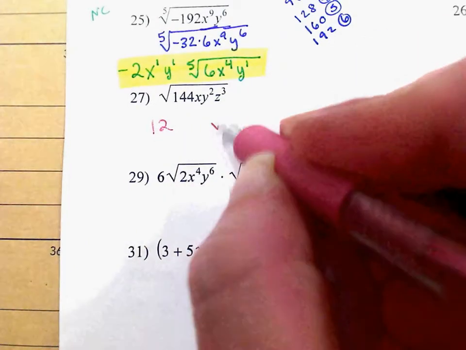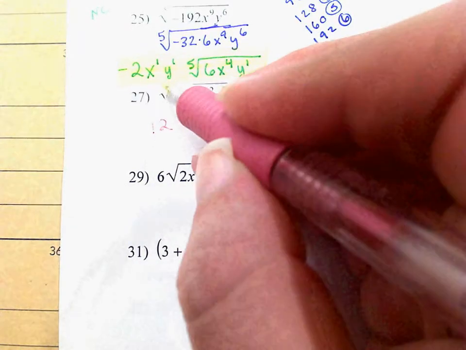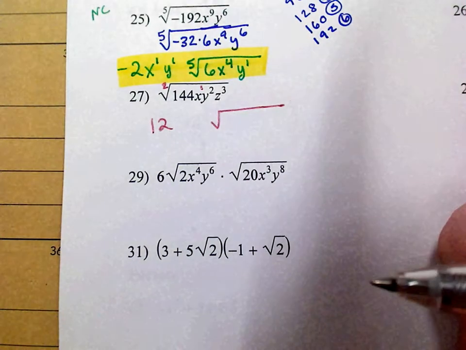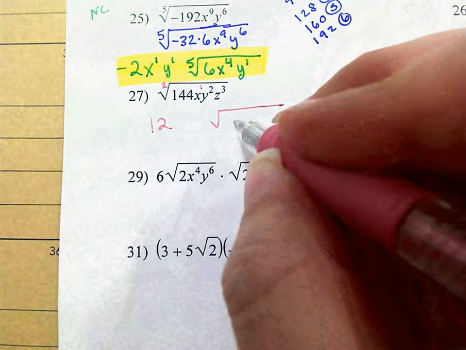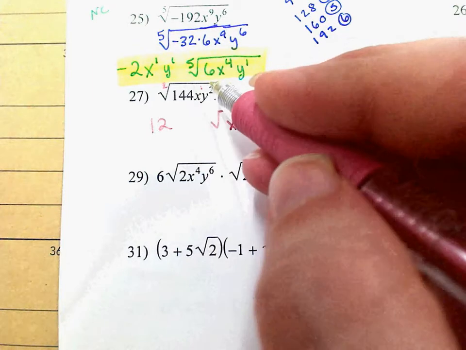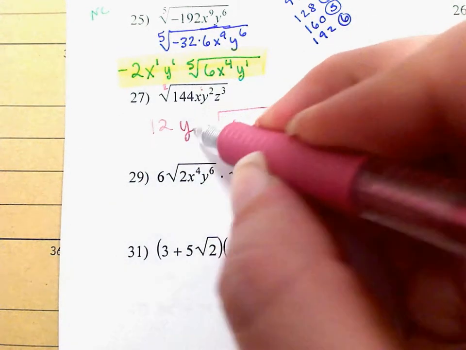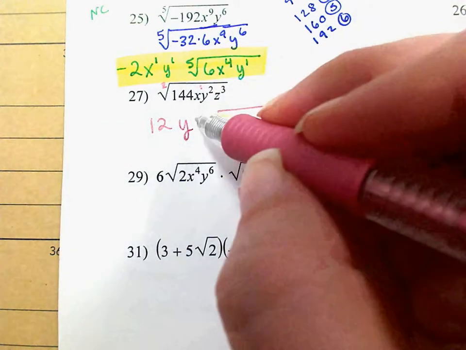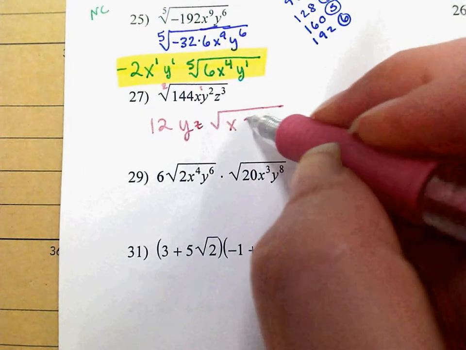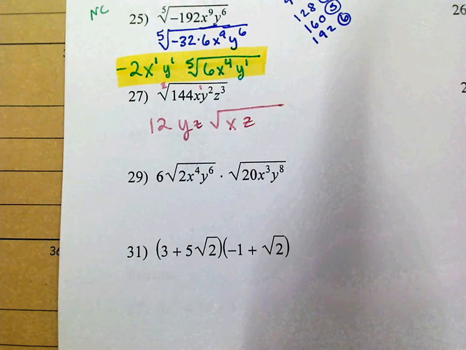How many times does the understood 2 go into 1? It doesn't, right? So I leave the x on the inside. How many times does 2 go into 2? One time, with none left over. And then how many times does 2 go into 3? One time with 1 left over. And there's my answer. 12yz times the square root of xz.